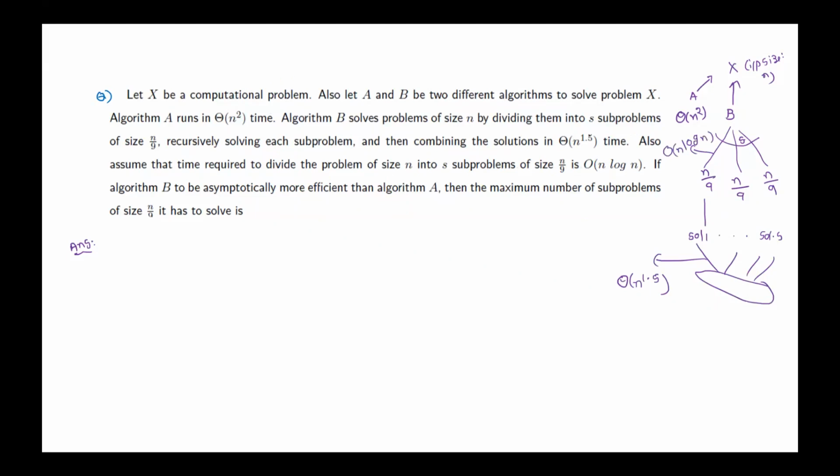Now you tell me, what is the recurrence relation for the running time of algorithm B, if n is the input size? T of n equals S times T of n by 9 plus big O of n log n plus theta of n power 1.5.